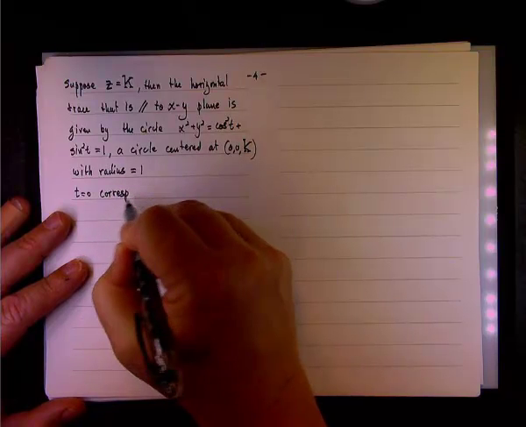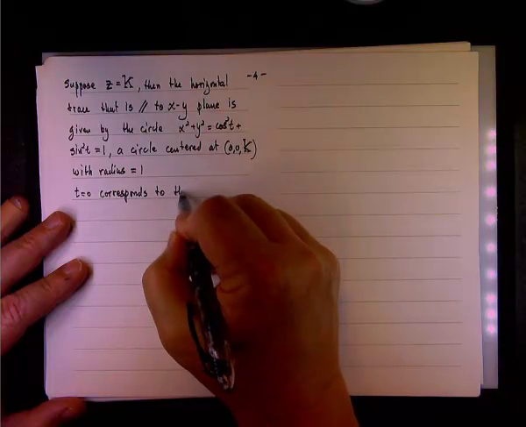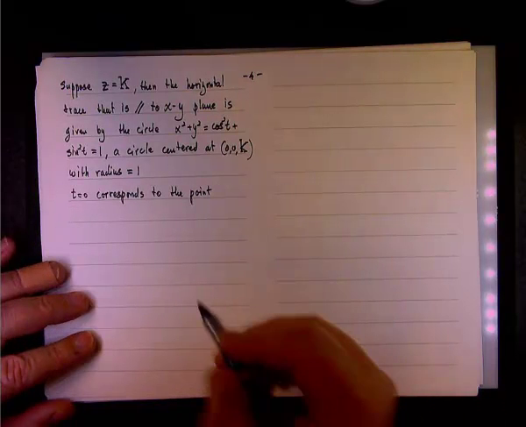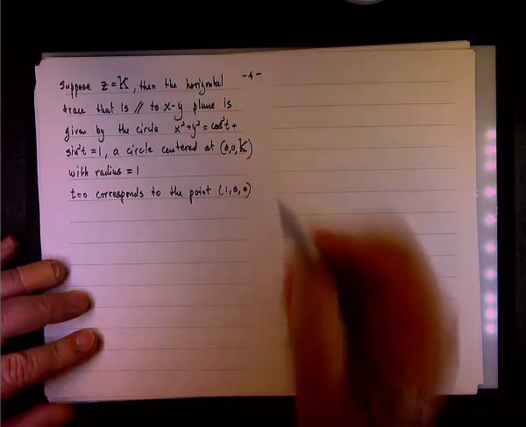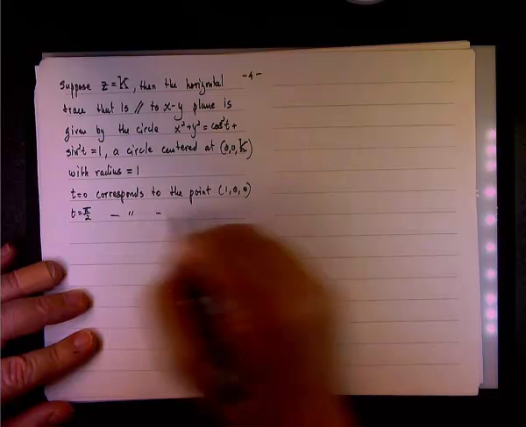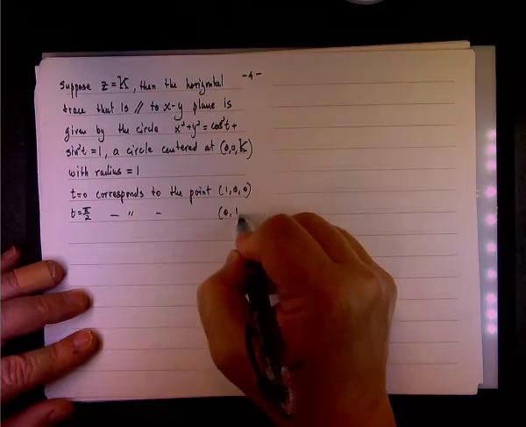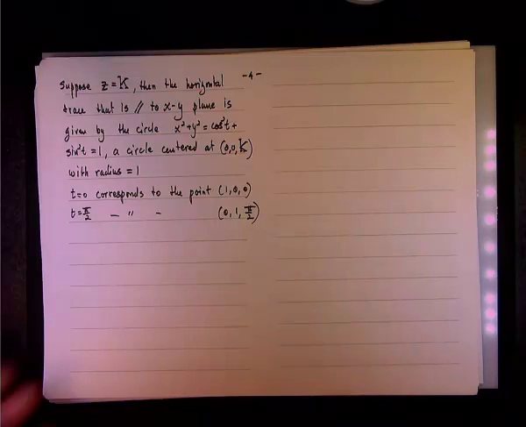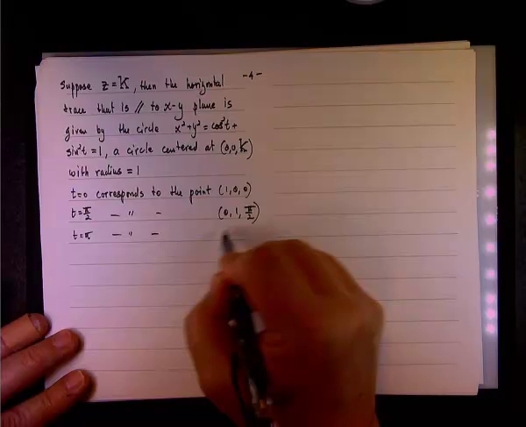t equals 0 corresponds to the point, if you remember that cosine of 0 is 1, so you have 1, 0, 0. t equals pi over 2 corresponds to the point 0, 1, pi over 2.